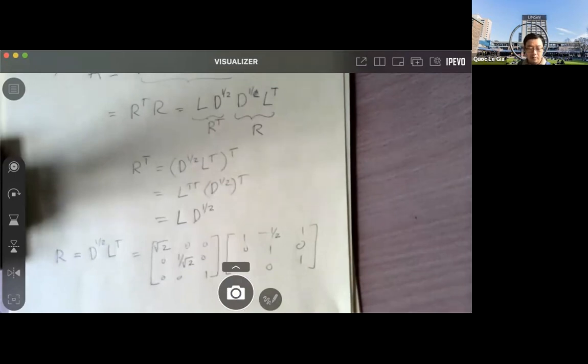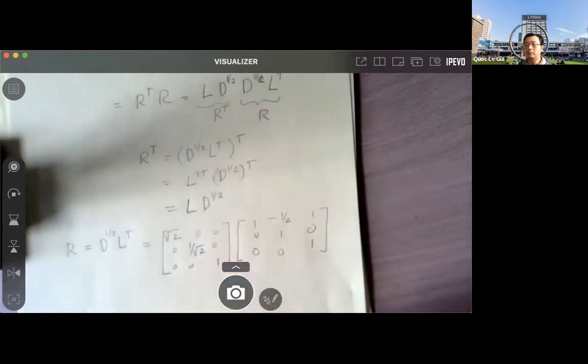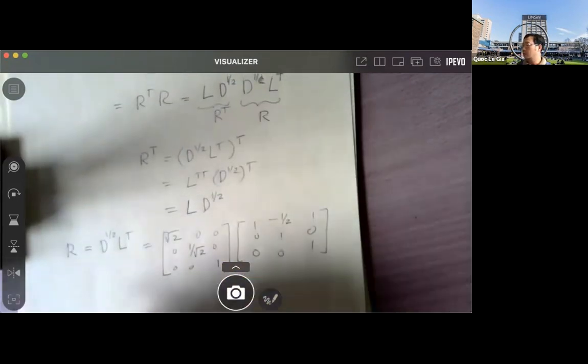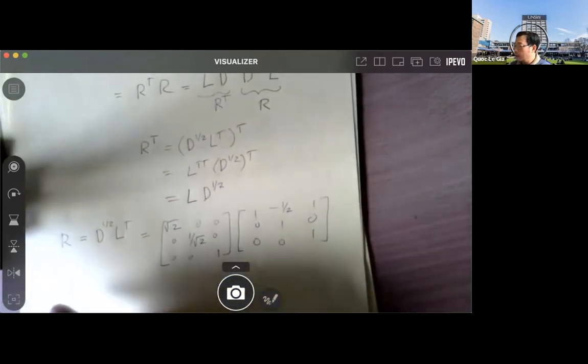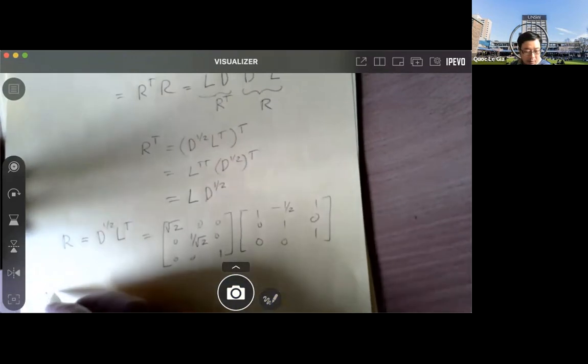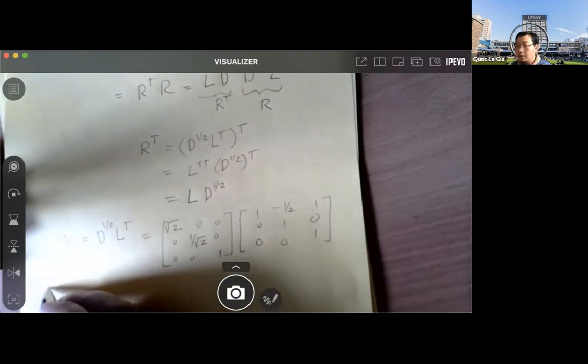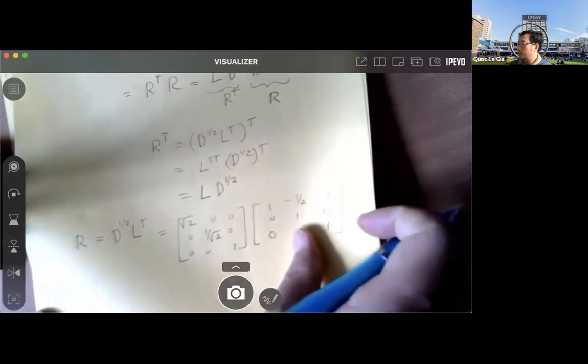And then you can show that the matrix A is positive definite. You can show that A is positive definite by considering the definition.